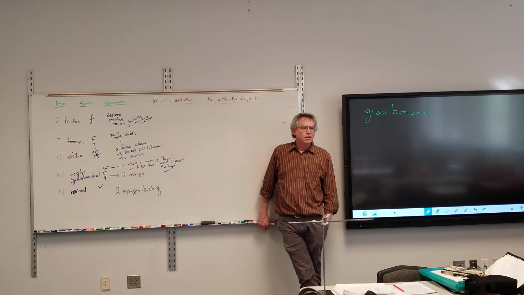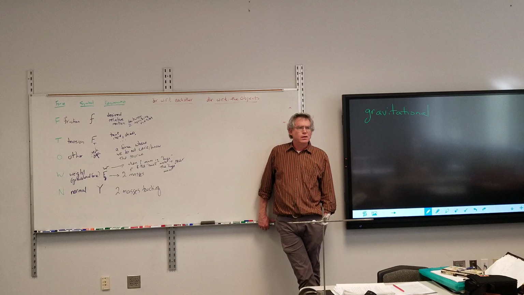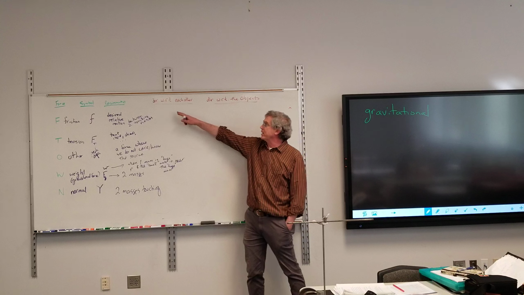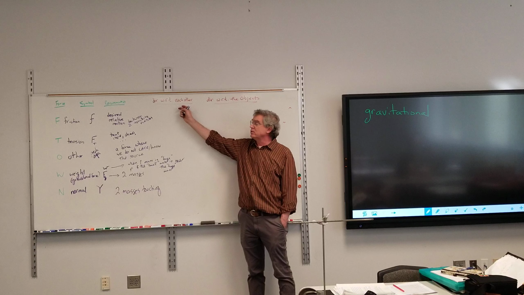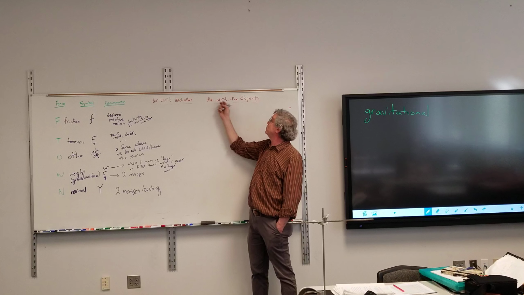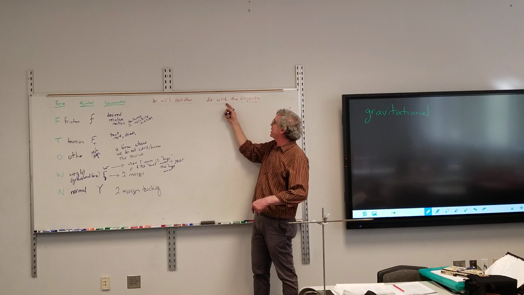Yes. Friction must be between 2 touching masses? Yeah, for there to be friction, the masses have to be touching. What are those 2 titles? Direction with respect to each other, direction with respect to the objects.